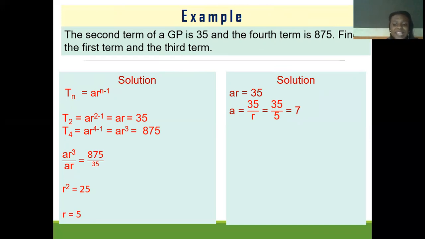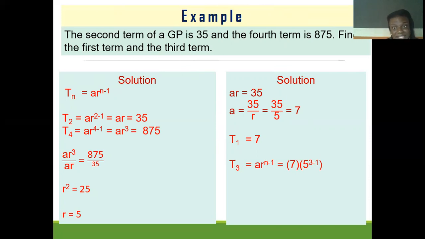But we have to also find the third term. So T1 is 7. Now T3 is AR raised to the power n minus 1. So our A is 7, our R is 5. So 7 into 5 raised to the power 3 minus 1.